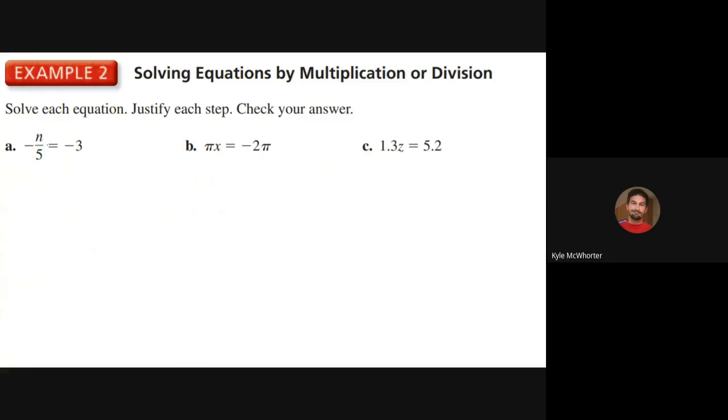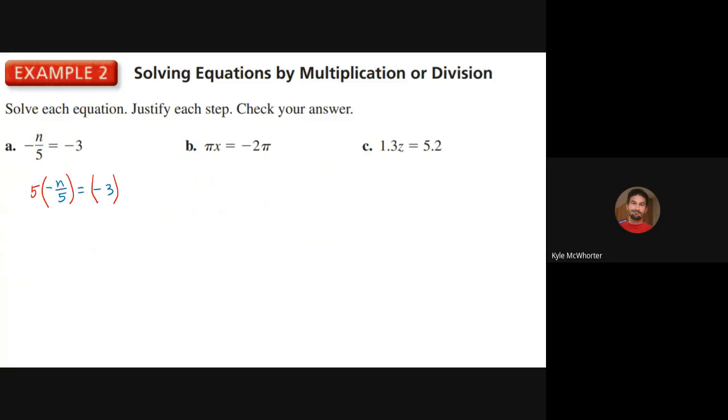The opposite or inverse operation of division is multiplication. So we take this equation, negative n over 5 equals -3, and the n is being divided by 5. The opposite of dividing by 5 is multiplying by 5, so we're going to multiply both sides by 5. But we can do a little 2-for-1 trick because we want to get the n by itself.